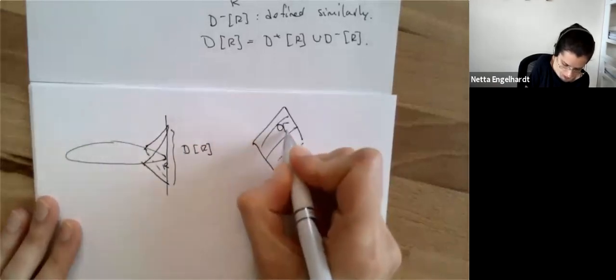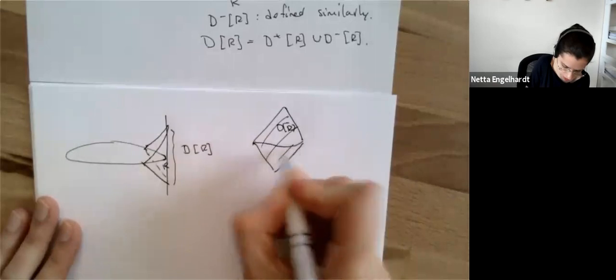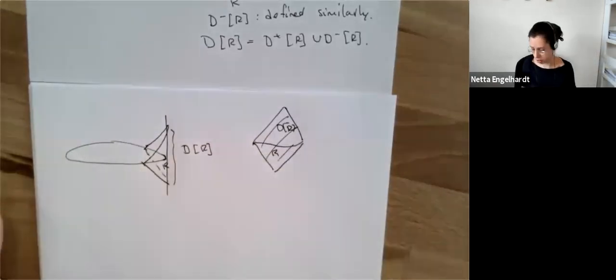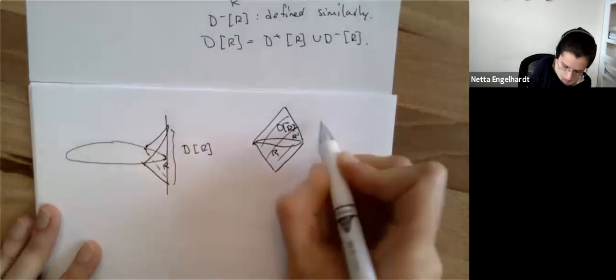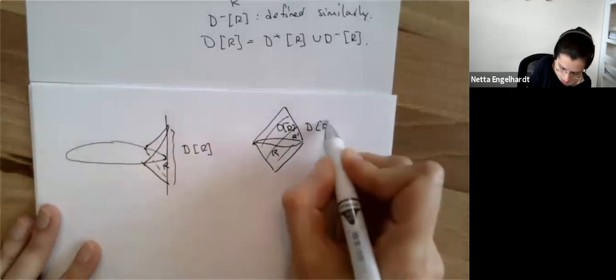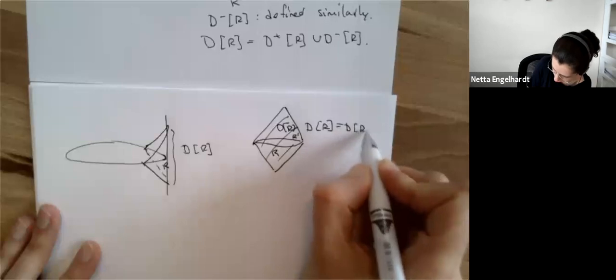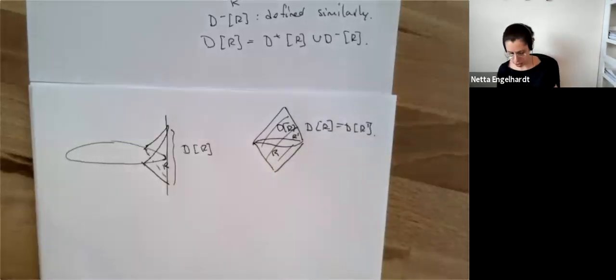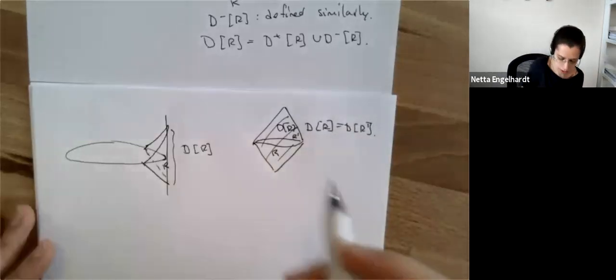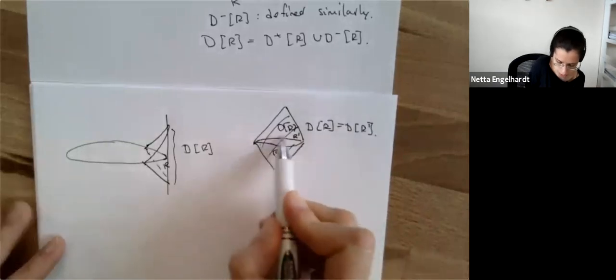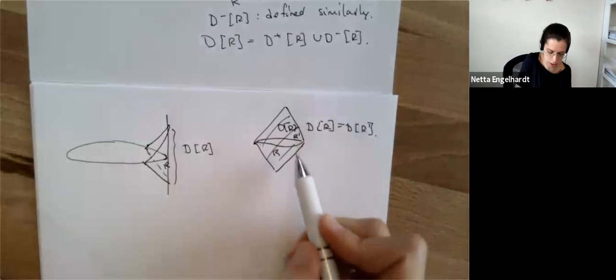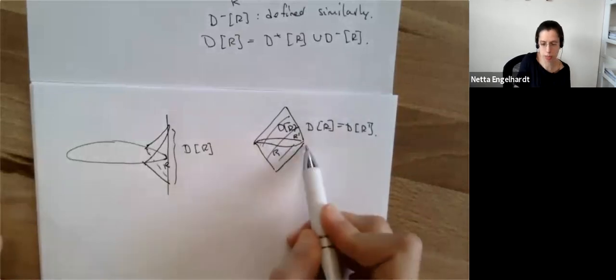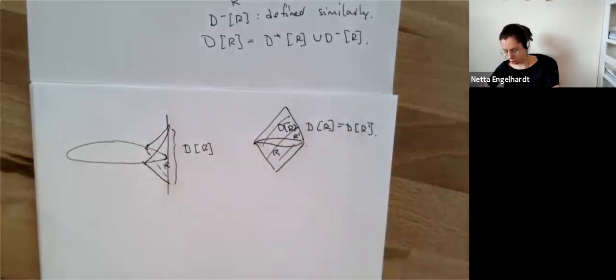This is our R. And once we fix D of R, we could have another slice here, R prime, where D of R is equal to D of R prime. And assuming that you have unitary evolution from one of these slices to the next, then there's no new information that's contained on this slice R prime versus the slice R.